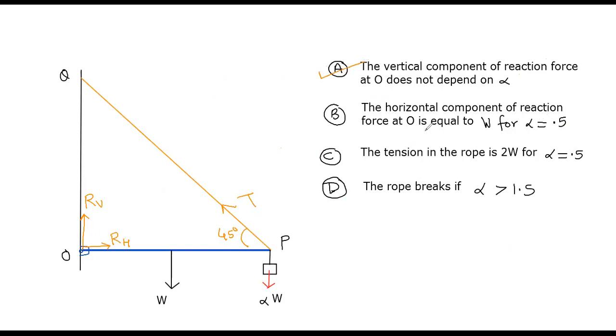The horizontal component of reaction force at O is equal to W for alpha equal to 0.5.